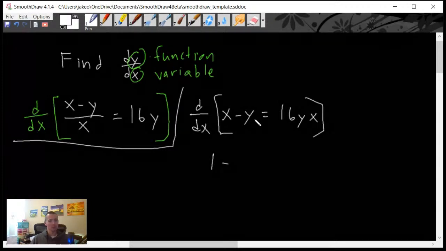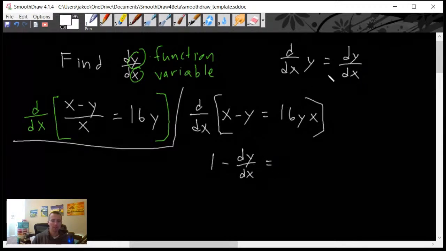Since you don't know the function, you can't possibly know its derivative. So the best we can do here is to say the derivative with respect to x of some unknown function y is just going to be dy dx. And that's going to be consistent as we go through these implicit differentiation problems.